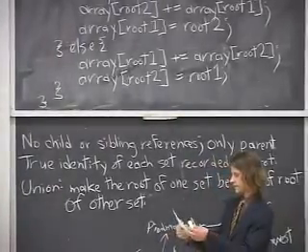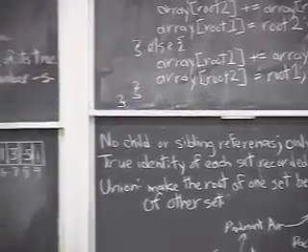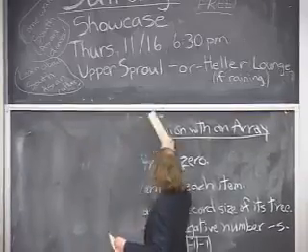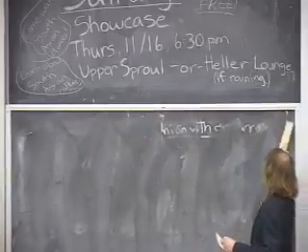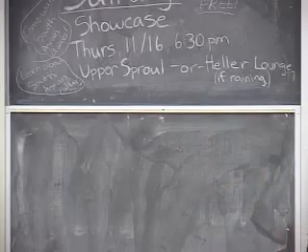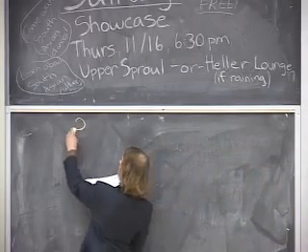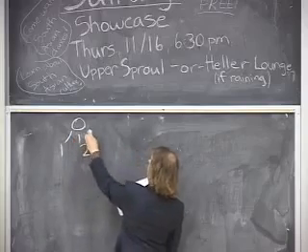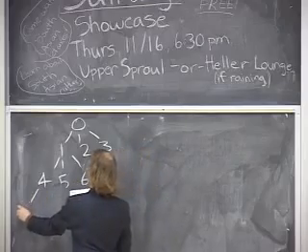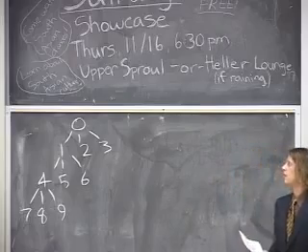So, in fact, why don't I tell you about path compression now? All right, so here's the trick. Suppose I have a tree like that, and I do a find operation on node 7.